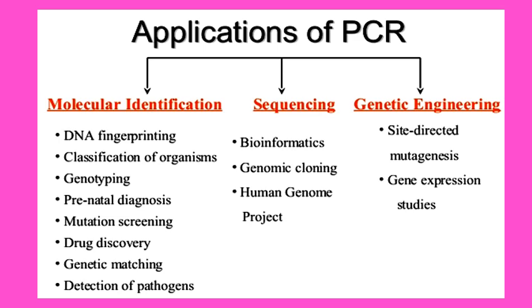However, there is another use of the PCR technique in sequencing, such as bioinformatics, genomic cloning, forming several copies of a target gene, and surveying the genome of a certain organism.